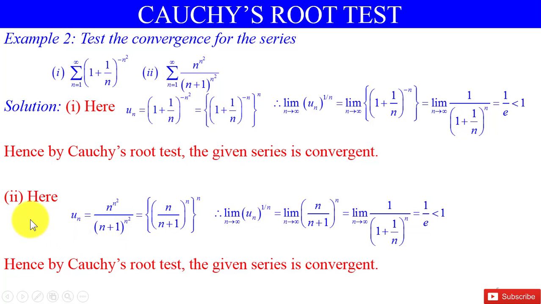Second part. In this case, u_n = (n/(n+1))^(n²).